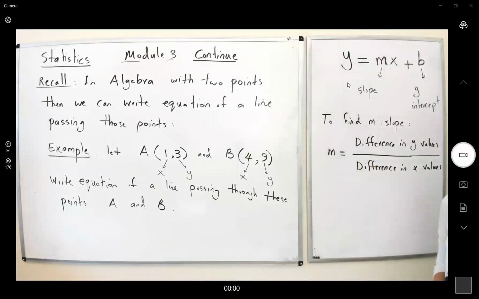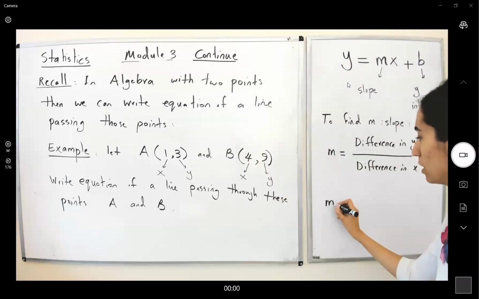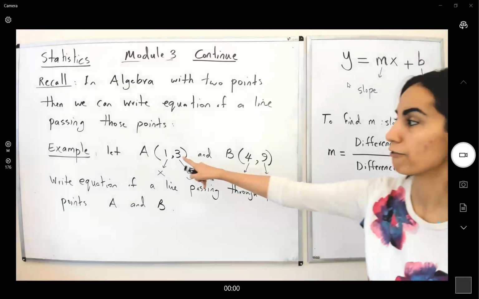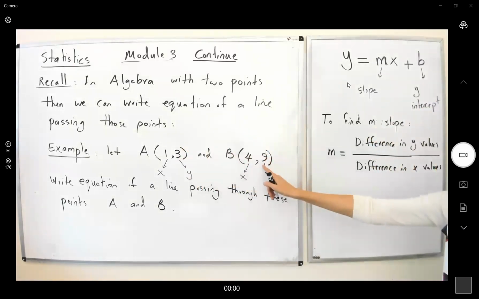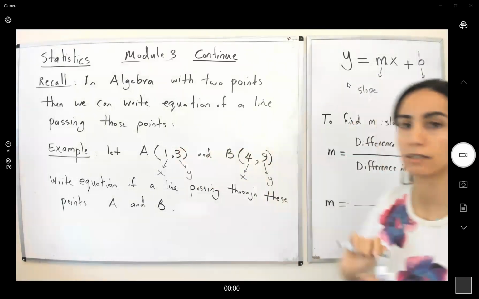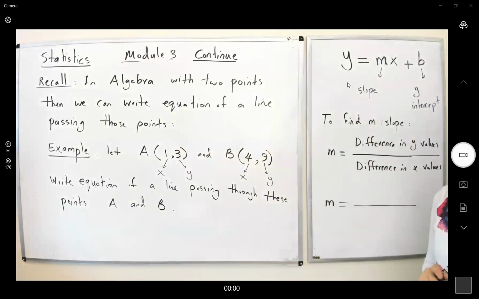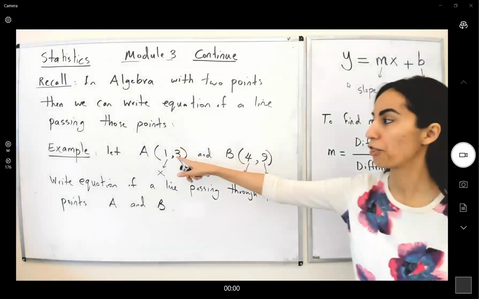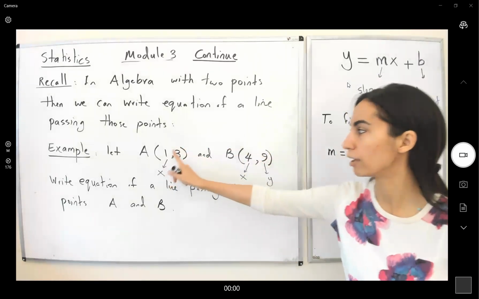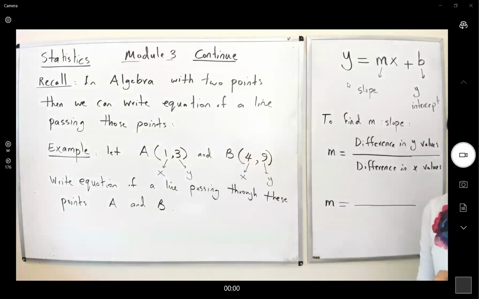Very well. So first let us find the slope of this line. So m is equal to the difference in y values. You can take the first y minus the second y, or you can say that the second y minus the first. Remember that if you select 3 minus 9, in the denominator you have to subtract 1 minus 4. So order is very important. Which point is your first point?